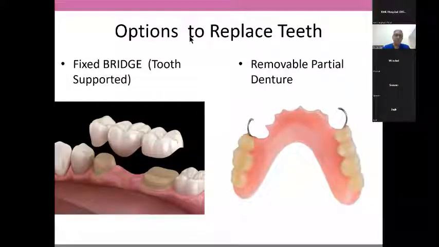So you have teeth which have been prepared to receive something like a crown, but these crowns have connectors which are connected to an artificial tooth. So this becomes like a span which replaces the missing tooth, taking the support of the adjacent teeth.